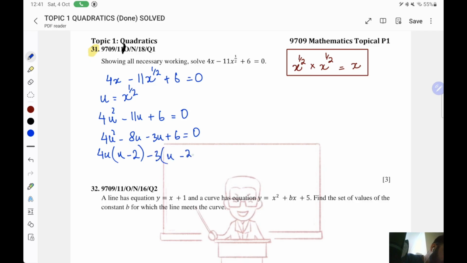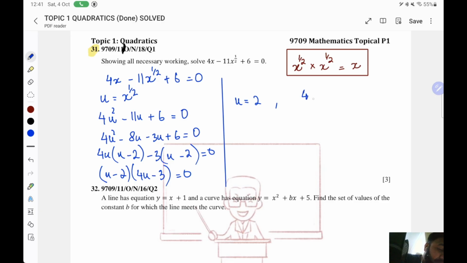So the two brackets that you will have are u minus 2 and 4u minus 3. So the two values that you will find for u are 2 and 3 by 4. These are the two values for u.